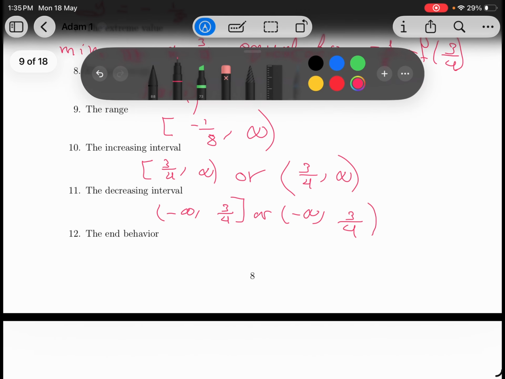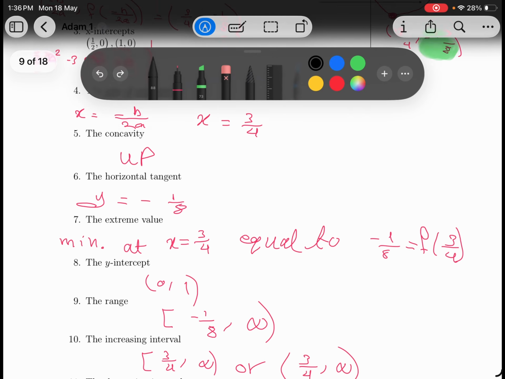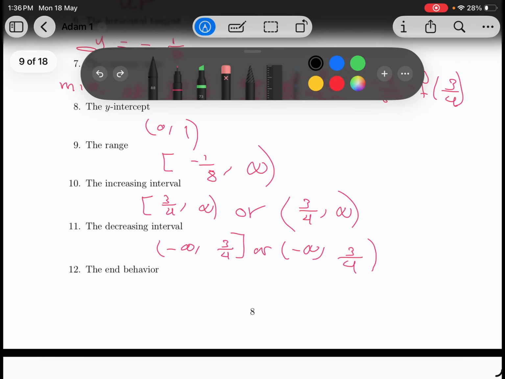Both are correct. And the behavior: both tails of this parabola are going up, okay? So look at this, from this side up and from this side up. So this function's end behavior is infinity, whether x is very small or very big.